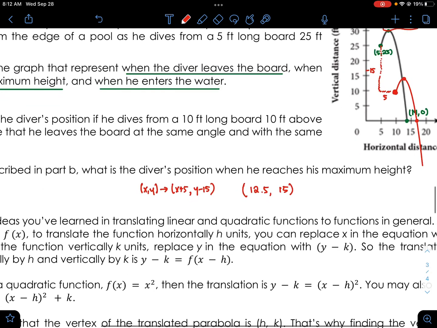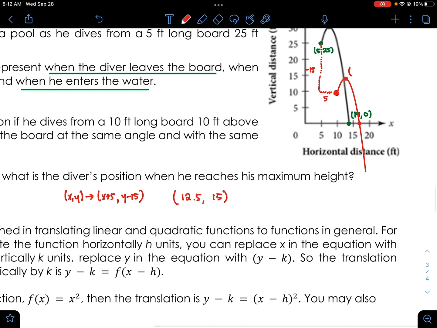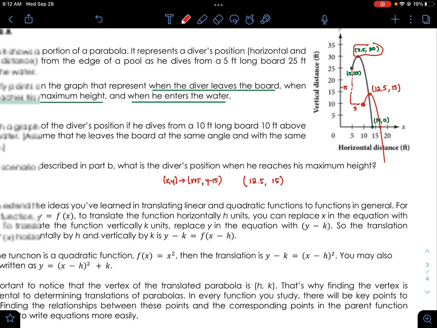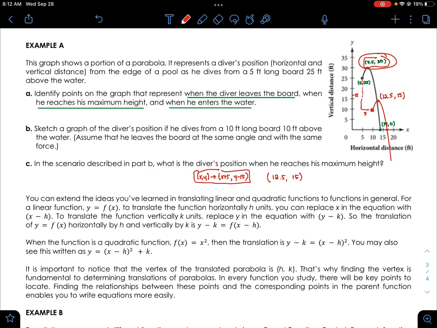So on this new board, he's going to be 12.5 feet out from the edge of the pool, and 15 feet above the water when he reaches his maximum height. So (12.5, 15). Again, we used our translation, our mapping notation, in order to figure out what our new x and y values would be for our maximum point.